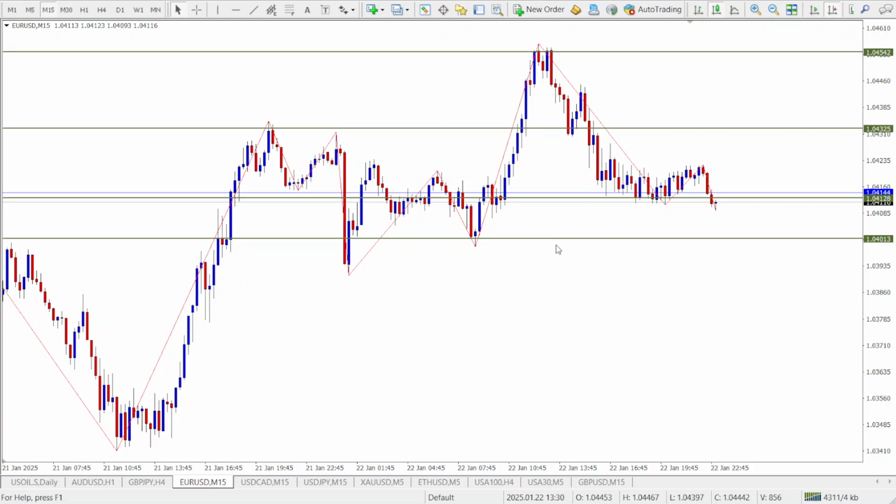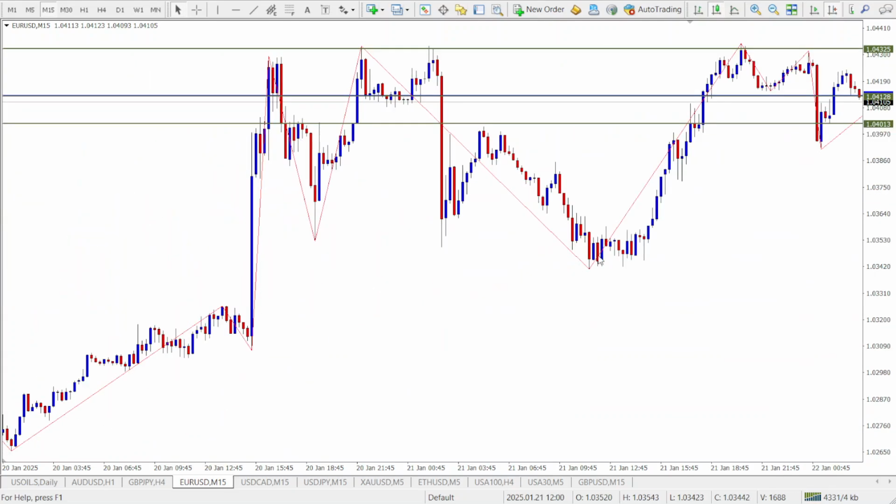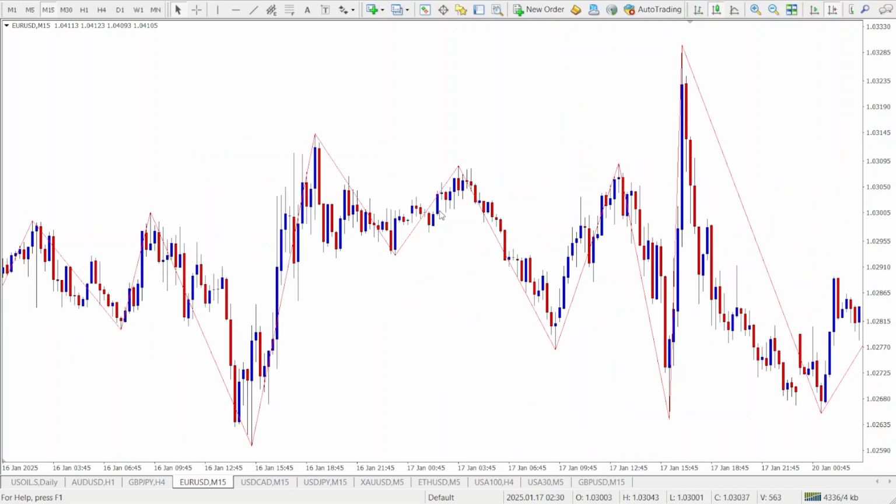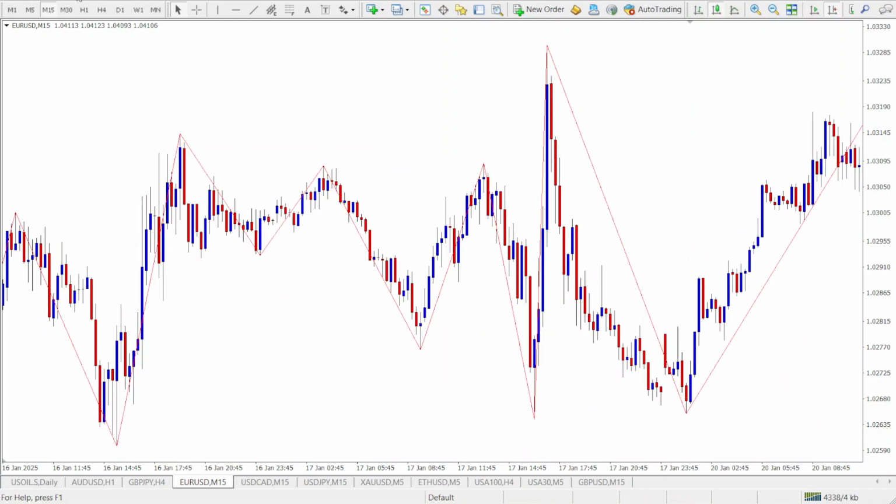So here's what to look for. You should look for support breakouts when the zigzag indicator connects multiple lows at a similar price level. It might not be exactly the same price level, but when the price levels are similar. Let's look for an example. We can see that we have an example around here.